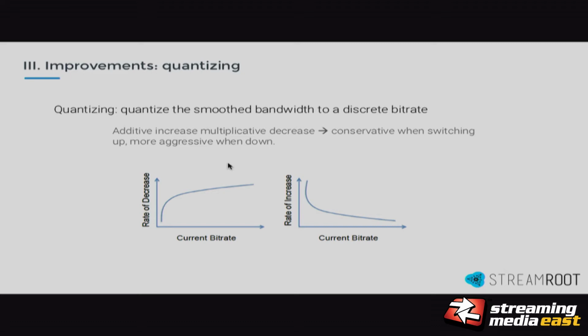And again, we see that for viewers who are streaming already on a very high bit rate, jumping up to a higher bit rate is not as important as for the viewer who is streaming at a very low bit rate and could potentially switch up. And actually, as we saw, HLS.js does have a quantizing mechanism already in place. So it does take some of this into account.